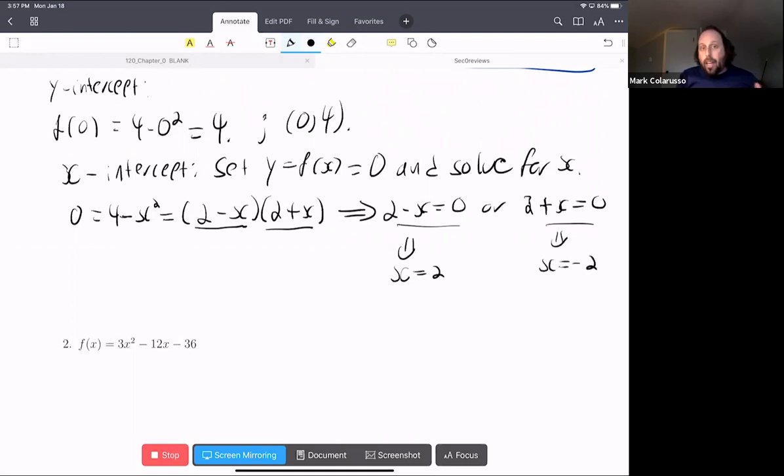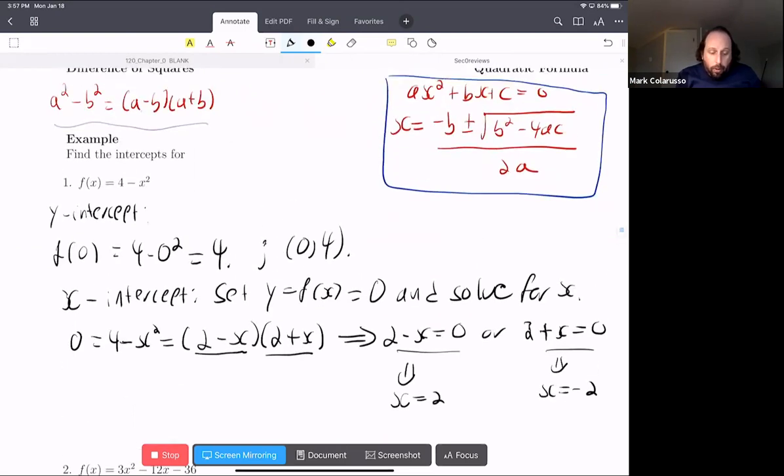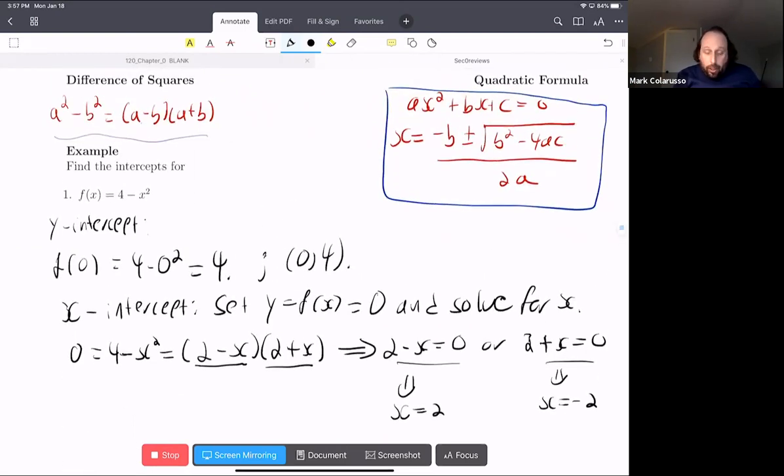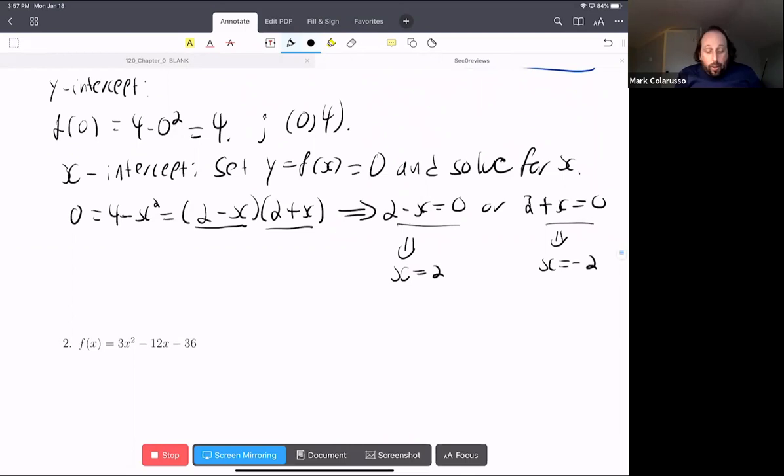So a lot of mathematics, when you get into more complicated mathematics, is about reducing complicated problems to problems you know how to solve using certain tools. So here we had a quadratic, we want to find the x-intercepts. Our tool was this difference of squares factoring. And then that led us to the two equations, which involve solutions to linear equations.